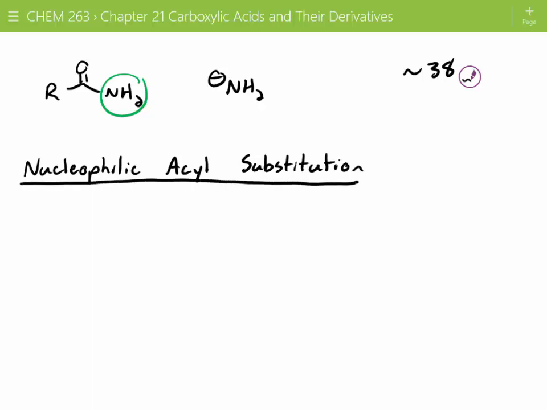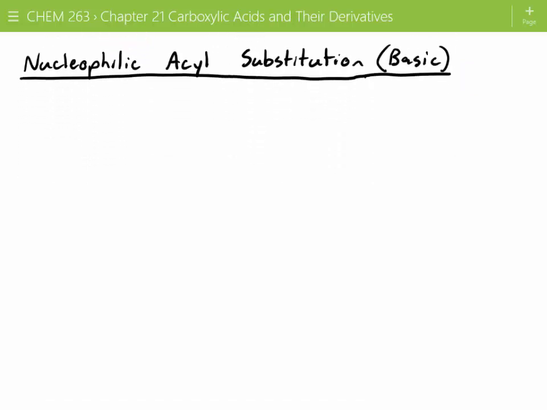All right. And in particular, we're going to do the basic mechanism first. Let's say we've got our carboxylic acid derivative with a Z leaving group. We can react this with a strong nucleophile.